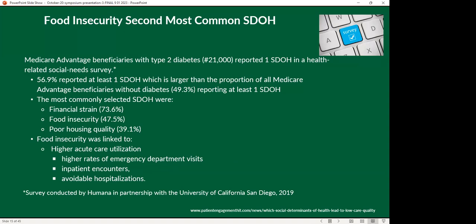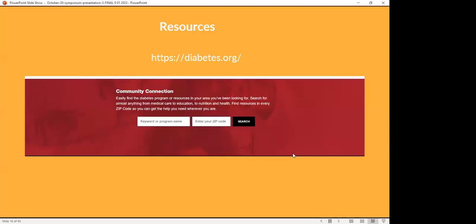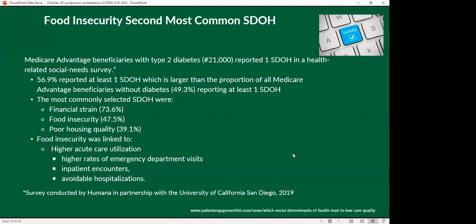Of course, this is just one sample, but we are talking about 21,000 individuals that were surveyed. So I feel that it is very important to have the food insecurity question. It's a very simple 1-minute tool that can actually identify if there is food insecurity.